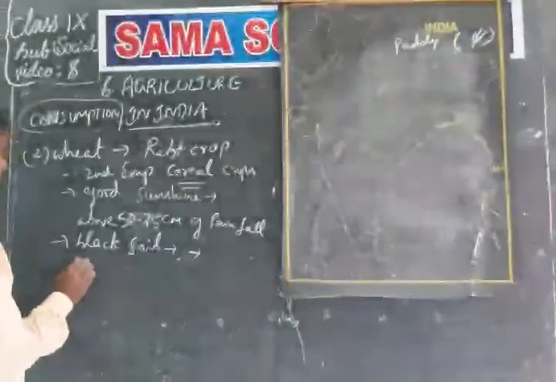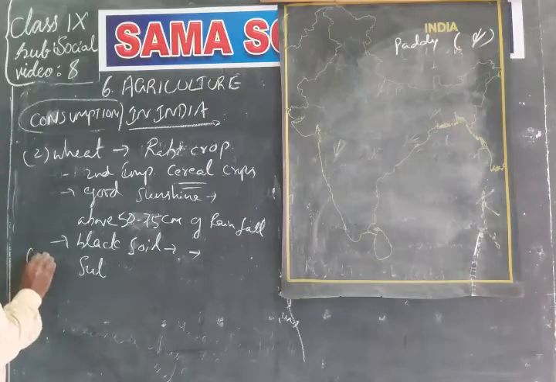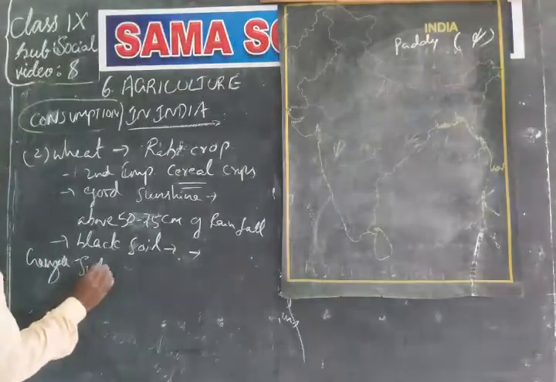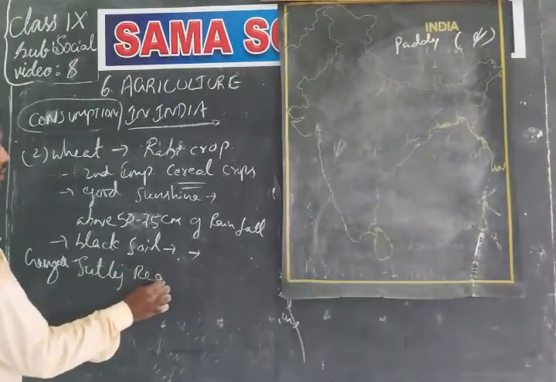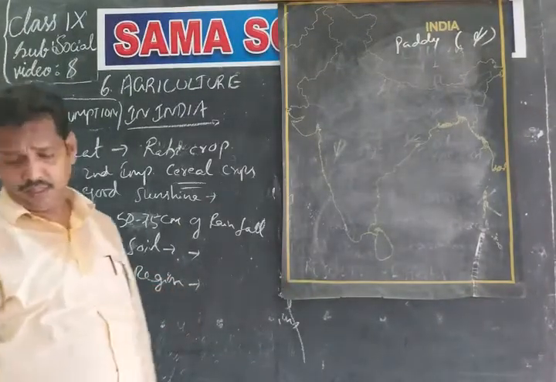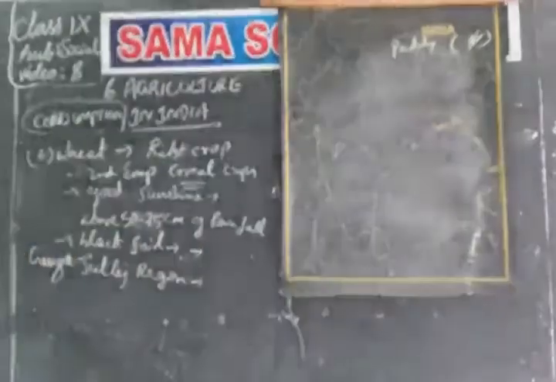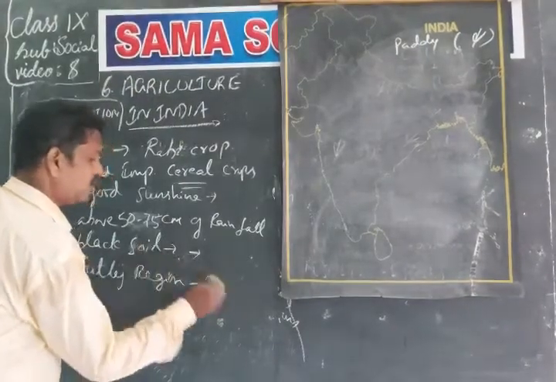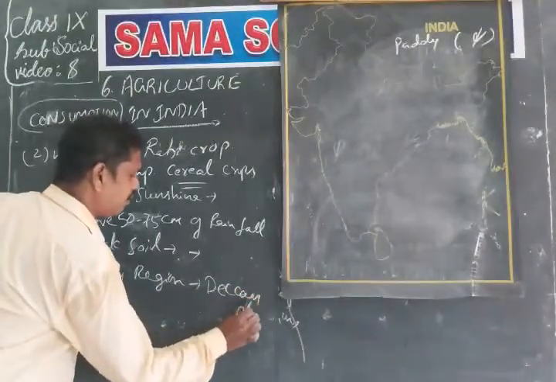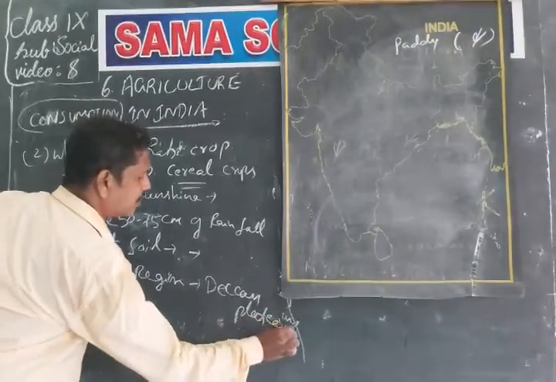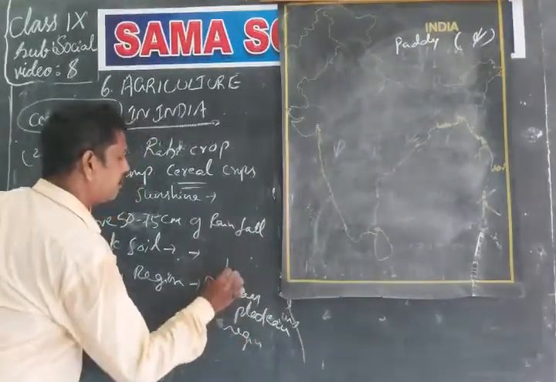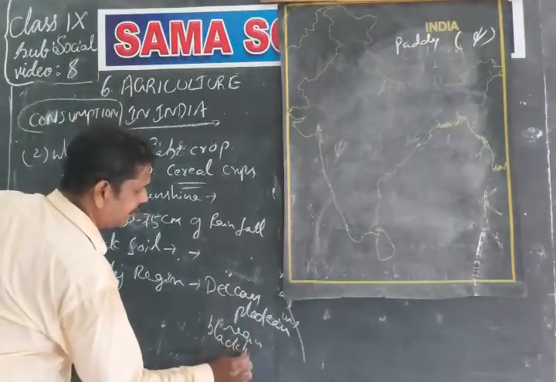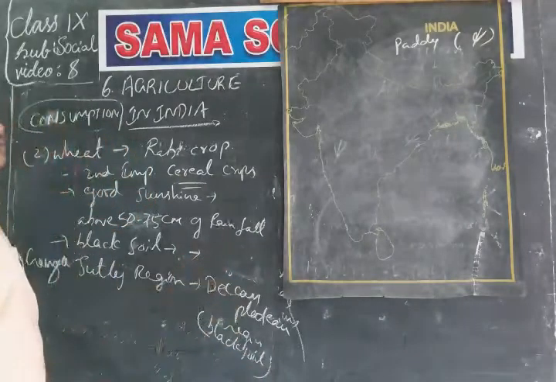Where are we getting it? The Ganga-Satluj region is the first and most important priority area for the wheat crop. Following that, wherever black soils are available in the Deccan Plateau region is also most useful.